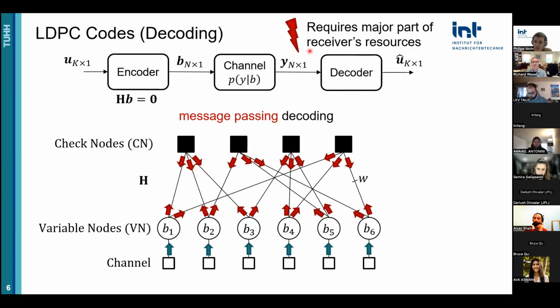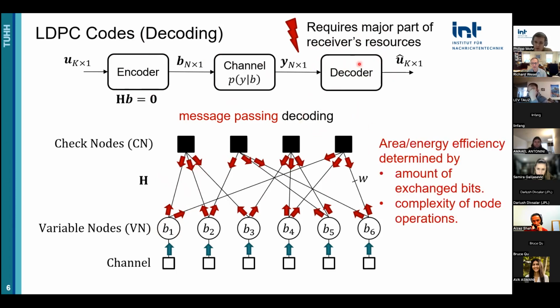And actually, this process causes major parts of the receiver's resources. Actually, it's the most complex part of the whole transmission here. And the area and energy efficiency of that process is mostly determined by the amount of exchanged bits and the complexity within the node operations. So we are highly interested in reducing both points here.